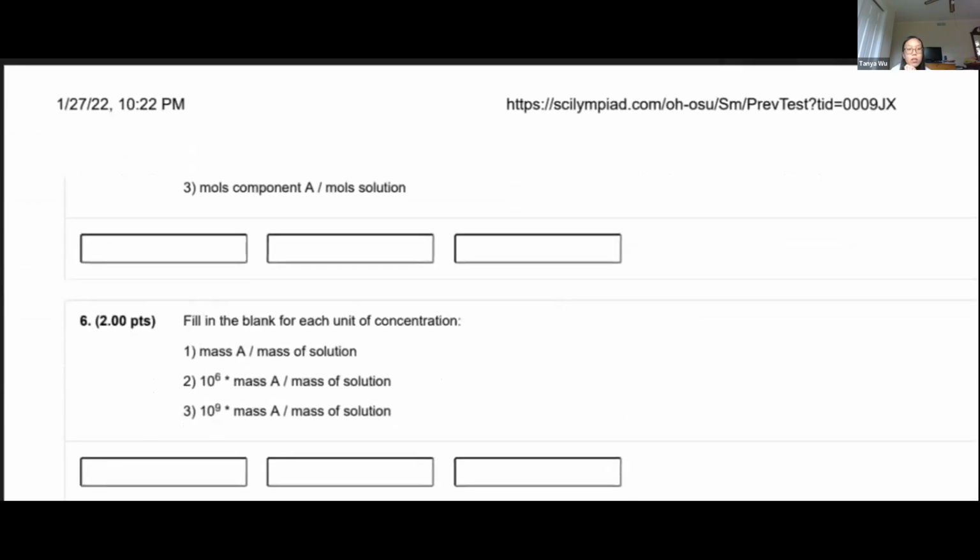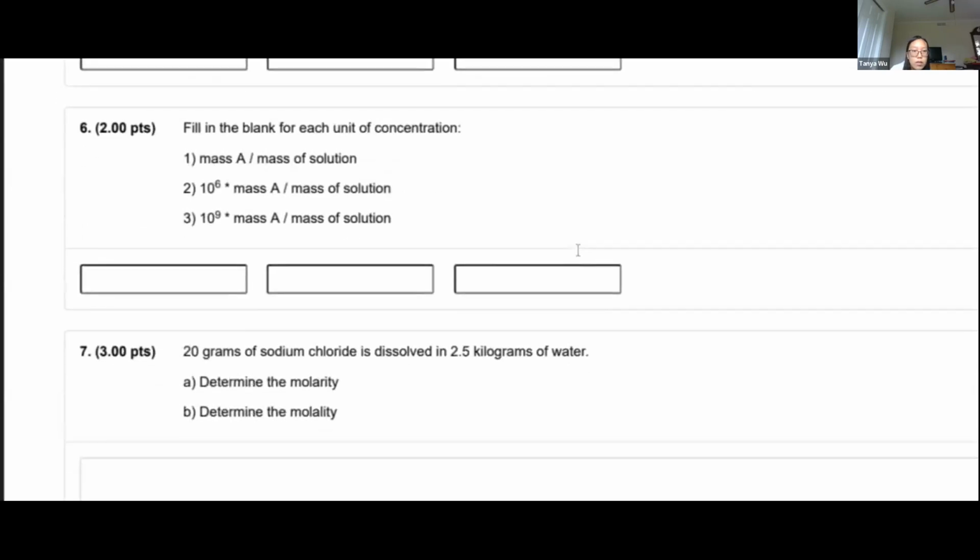And molality is used a lot for colligative properties since it's just the mass and not the volume. And moles over moles, that is the mole fraction, I believe. Yeah, that's mole fraction.